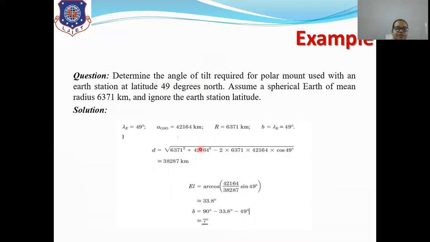Now as you get D, find EL0. EL0 is equal to arc cos of AGSO divided by D into sine lambda E. So it will be equal to 33.8. Now the final angle of tilt is equal to 90 minus EL0, that is 33.8, minus lambda E, that is 49. So calculating on the calculator, you will get the delta tilt angle equal to 7.2. Clear?